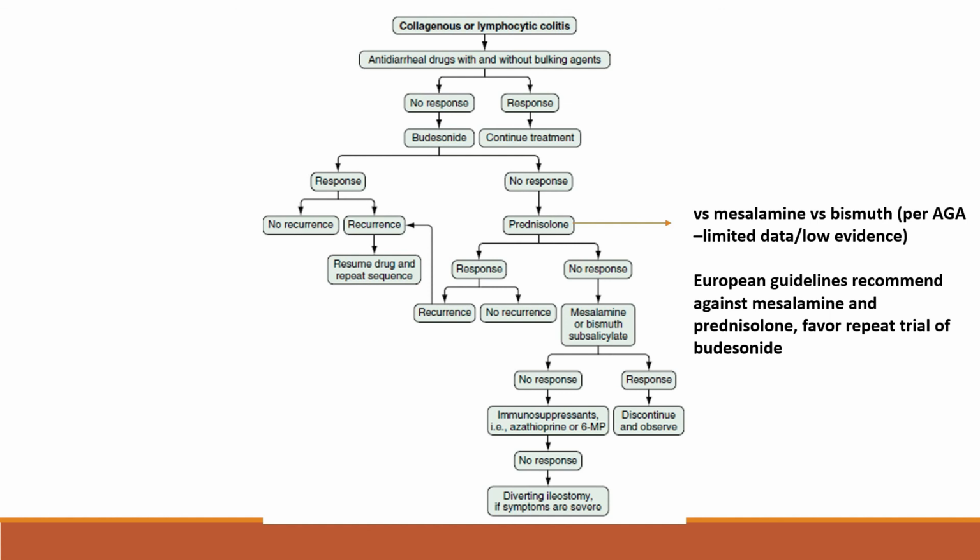Now, if there's no response to these things, then you can start going to the domain of immunomodulators or biologic therapy. The only biologic therapies that have been described are vedolizumab and Remicade, with immunomodulators being azathioprine and 6-mercaptopurine. Again, these are just isolated case reports.